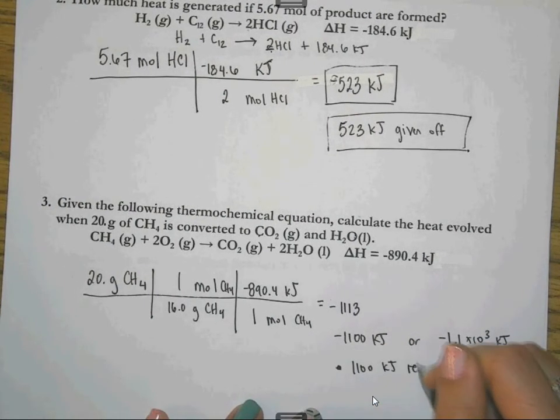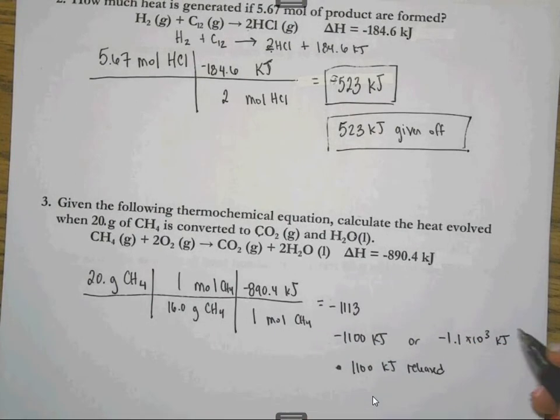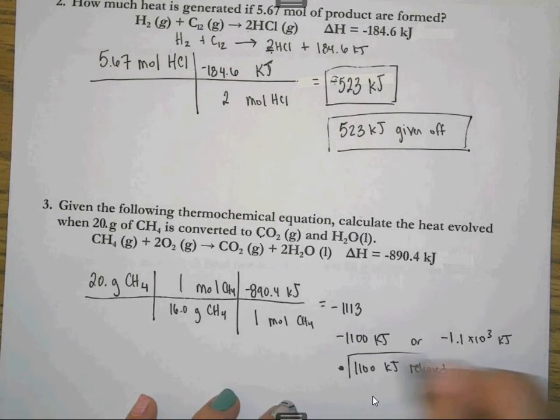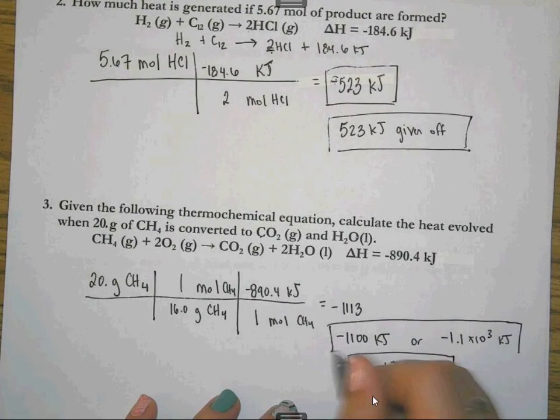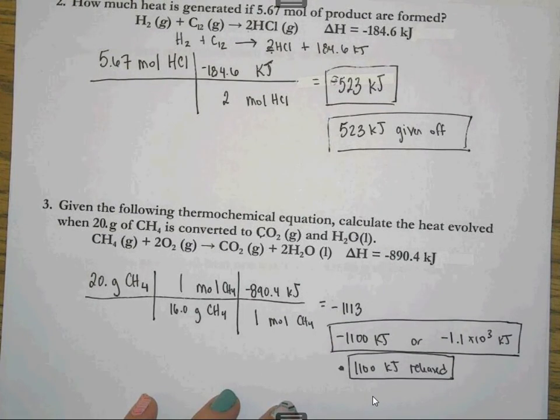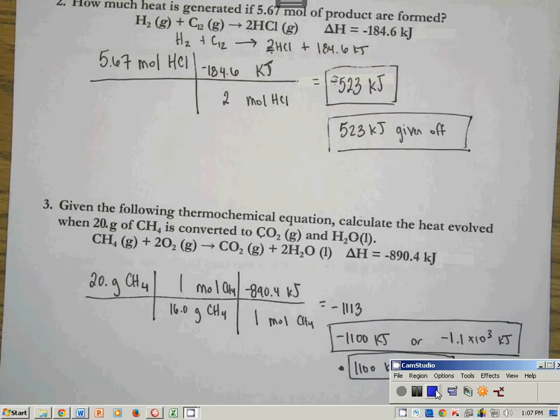Or I can say either of those numbers. I can say, 1,100 kilojoules released, given off, generated, evolved. Somehow I can say in words the same thing that I have up here with negatives. You take your pick, but do one or the other.